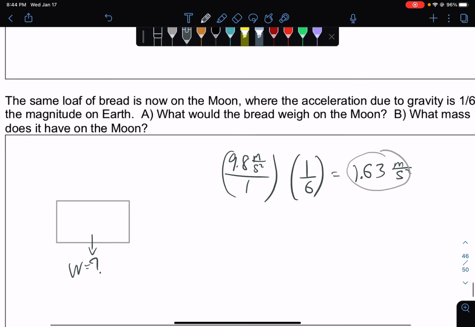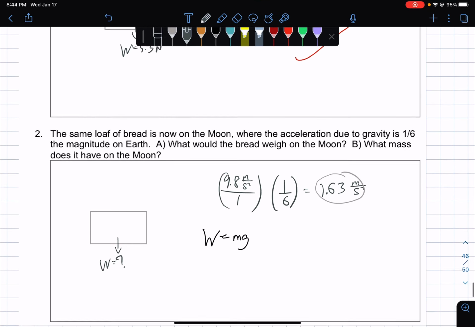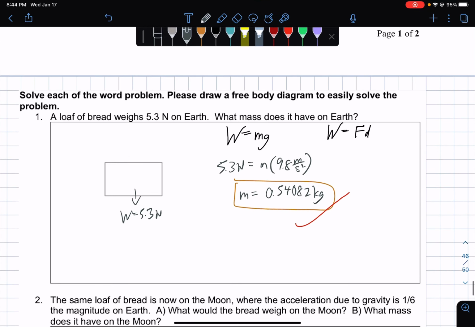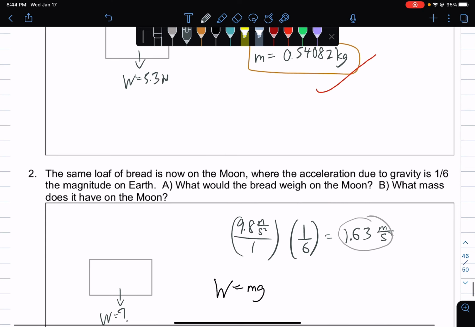What mass does it have on the moon? What would the bread weigh on the moon? How do we solve this? So W is equal to mg. We have to look for the weight of the bread on the moon. The mass of the bread on Earth is the same as the mass of the bread on the moon.